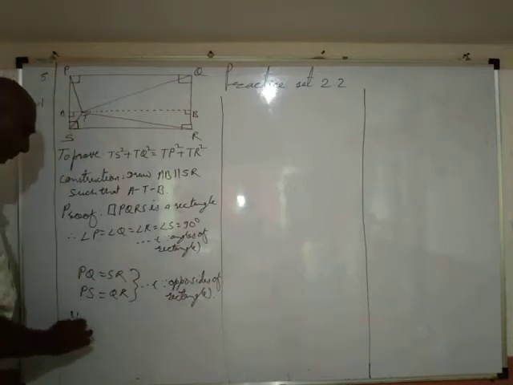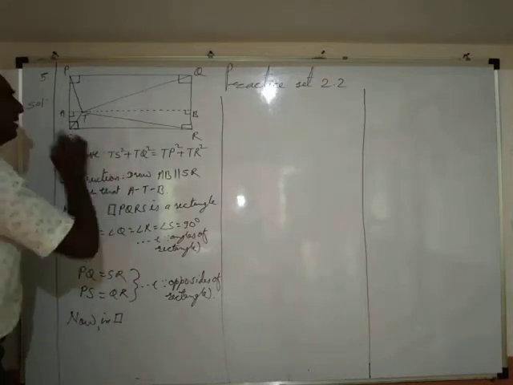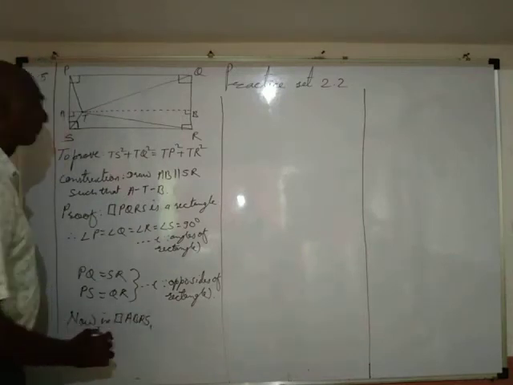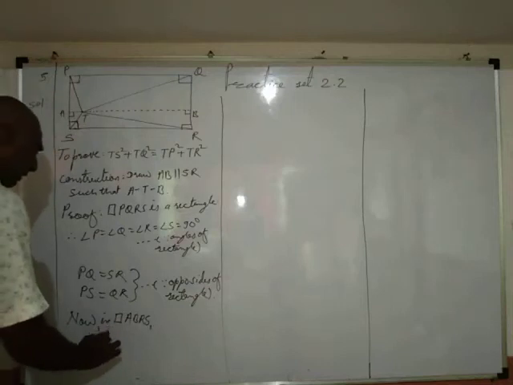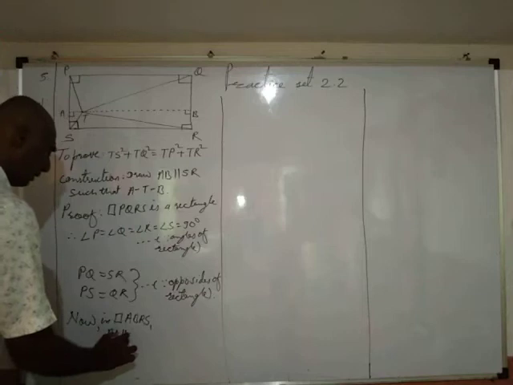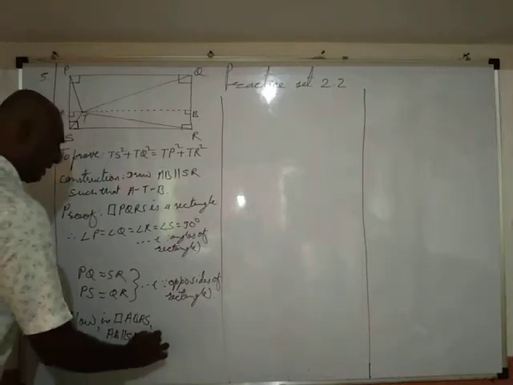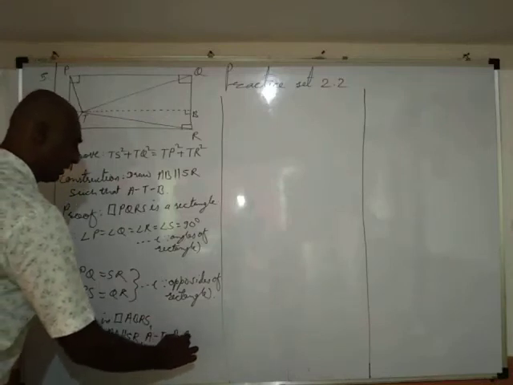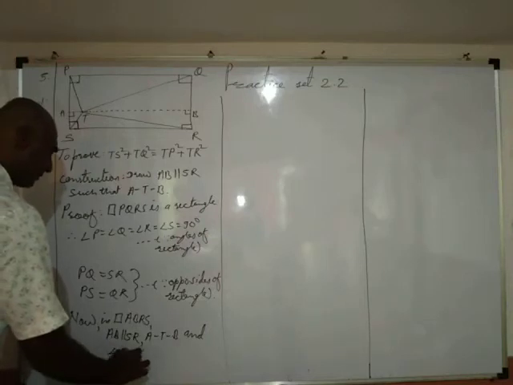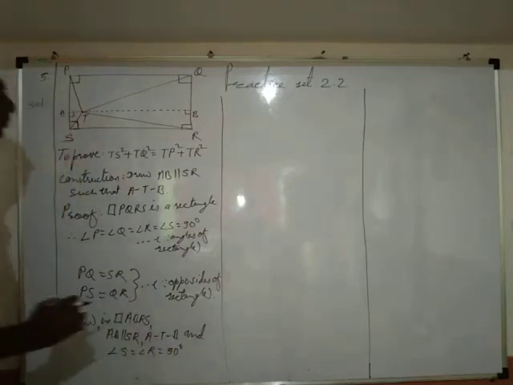Now in quadrilateral ABRS, AB is parallel to SR, A-T-B, and angle S equals angle R equals 90 degrees.